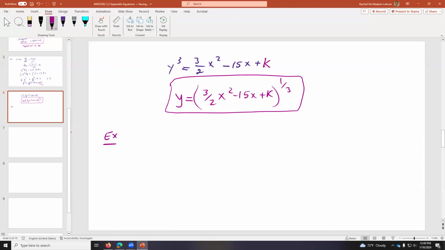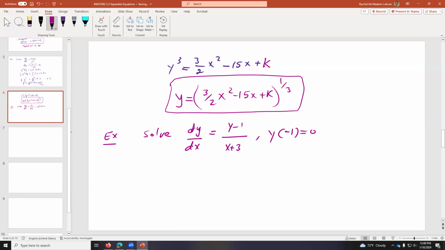Let's say now we want to solve this DE, dy/dx equals x y minus 1 over x plus 3. But now we're going to make it an IVP by giving it some initial condition.